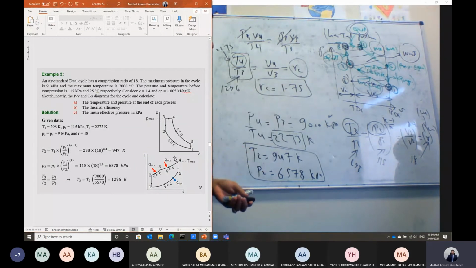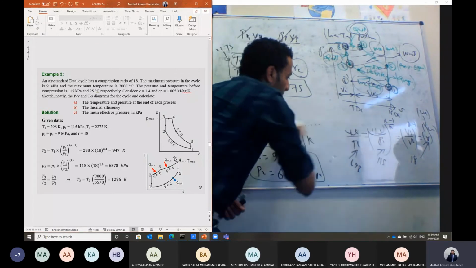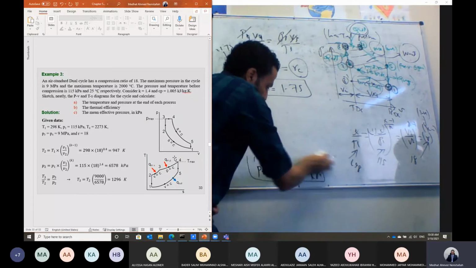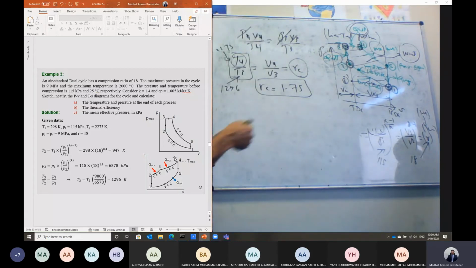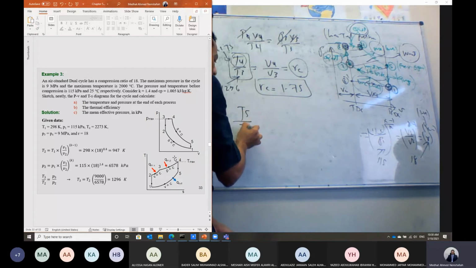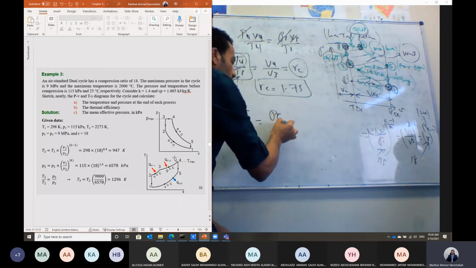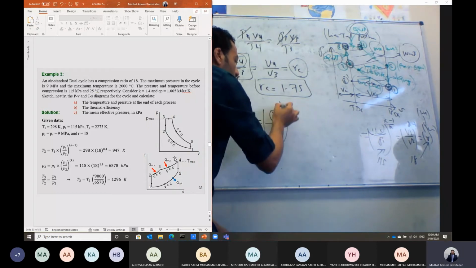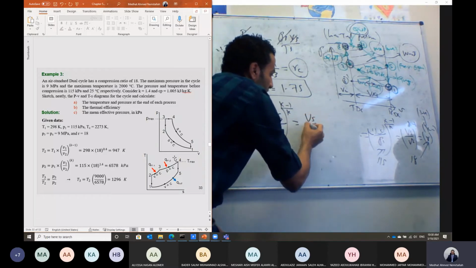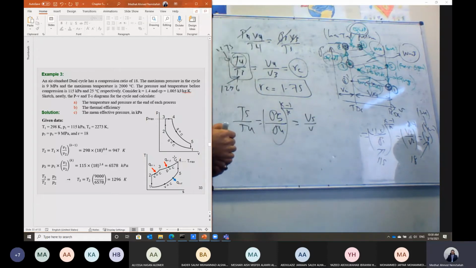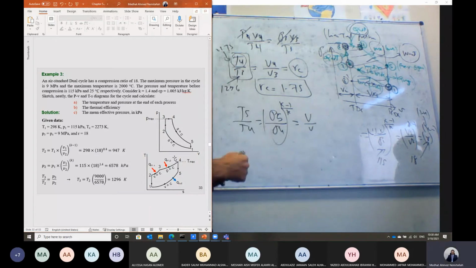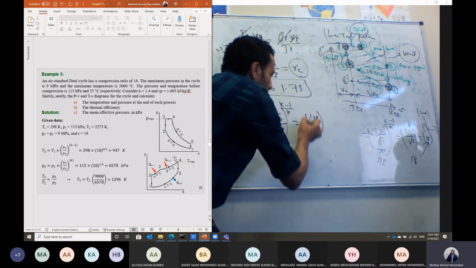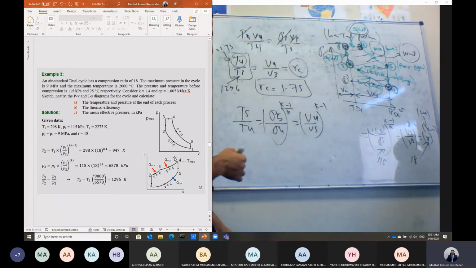And then for the process from 4 to 5, which is isentropic expansion, we can just apply the isentropic relation. It will be T5 over T4 will equal P5 over P4 to the power K minus 1 over K, and it is the same as V4 over V5, the reverse, to the power K minus 1.